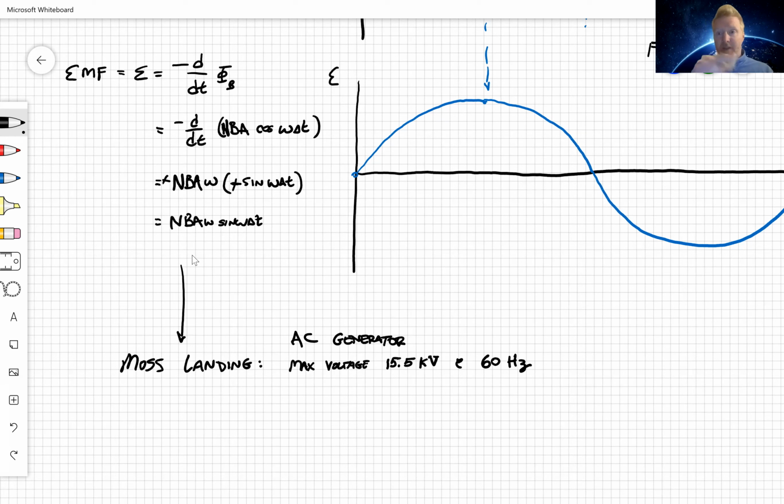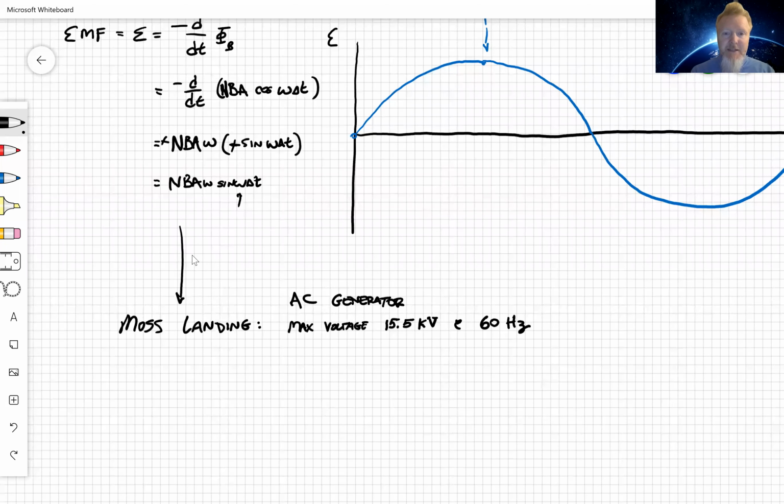So as you turn the thing around and around, whatever frequency you're spinning at is going to be the frequency that the EMF is generated at, and you can see that because the omega in here is the same omega as the one in the flux.